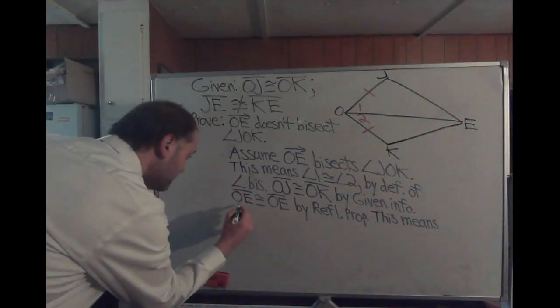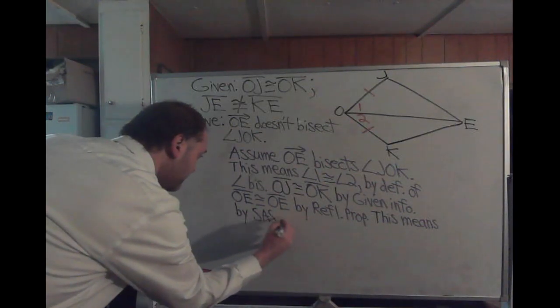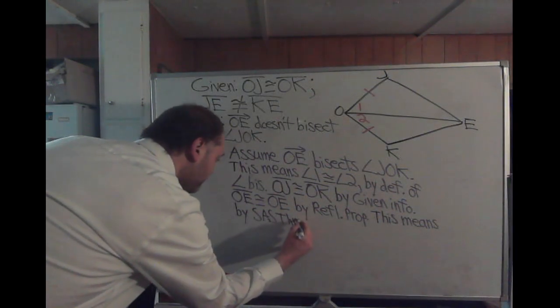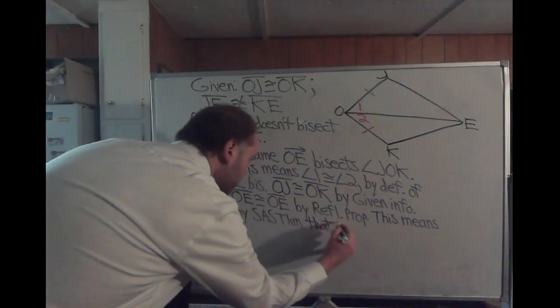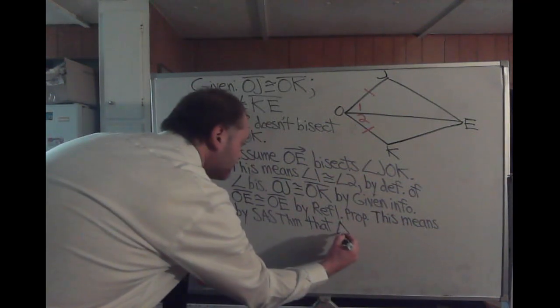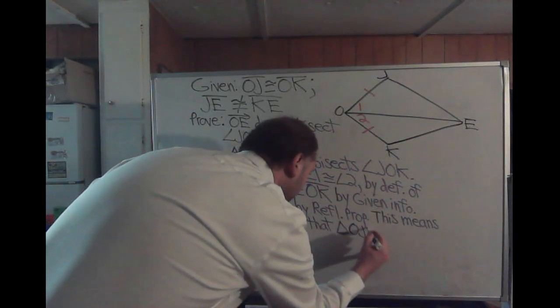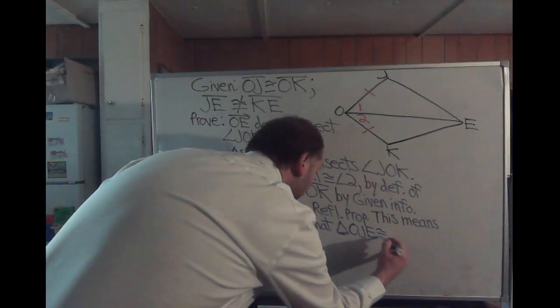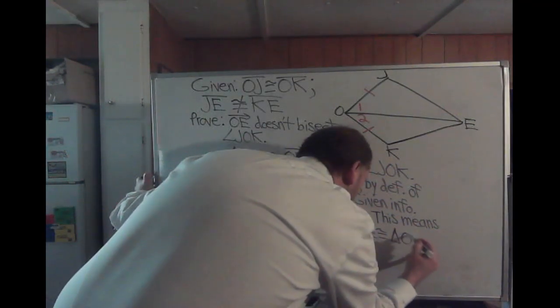This means by the side angle side theorem that triangle OJE is congruent to triangle OKE.